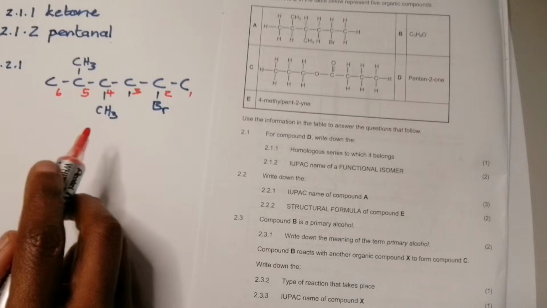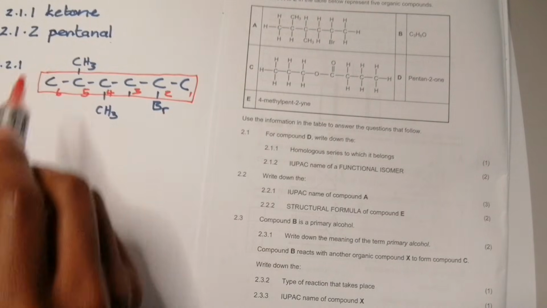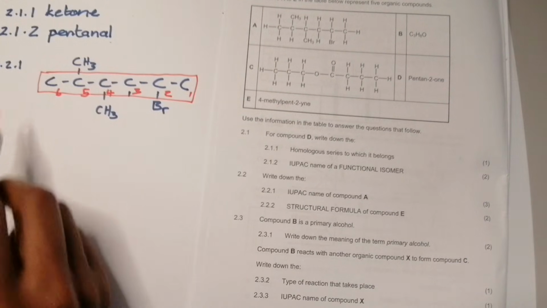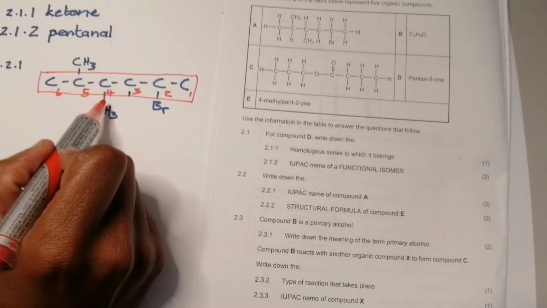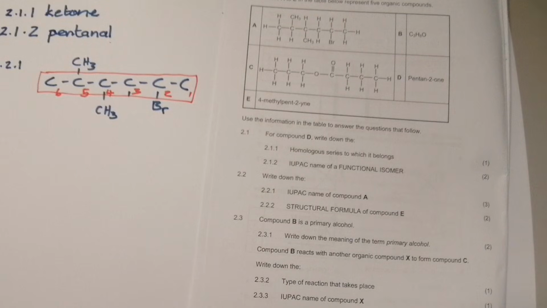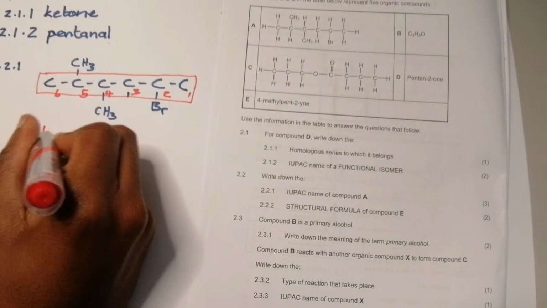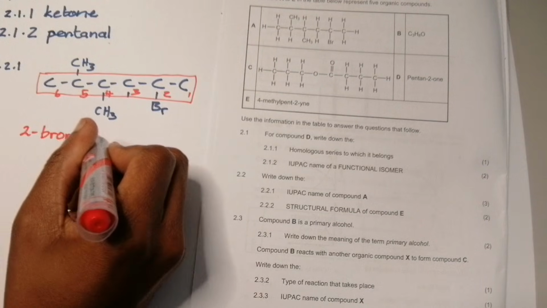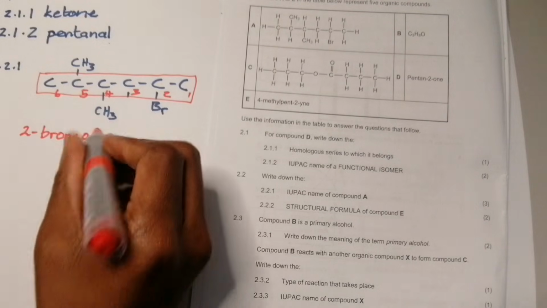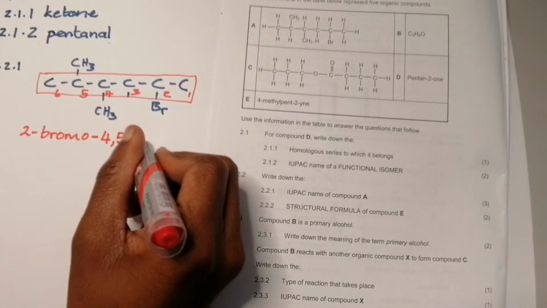Remember, first of all we identify our parent chain, the longest chain. It's got 6 carbons, so we deal with that last. Now we've got a bromo and we've got methyl. We take letters of the alphabet, so this is 2-bromo. Note you've got 2 of the same things at 4 and 5, so that's 4,5, with a comma there.